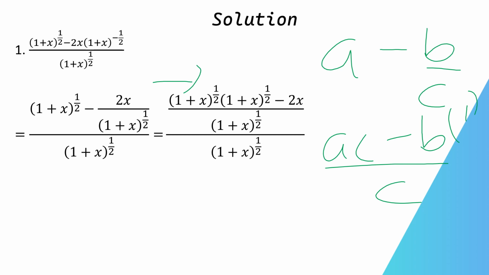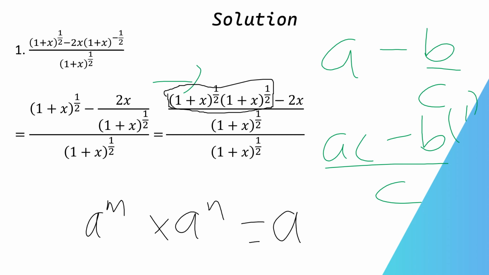How would this shape out to be? Okay, so right at the top here, we see 1 plus x to the exponent half multiplied by 1 plus x to the exponent half. And we know that a to the exponent m times a to the exponent n equals a to the exponent m plus n.